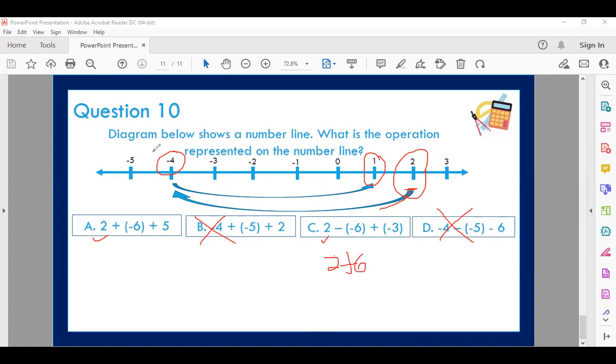Obviously -4 is not the same as 8. However, 2 plus -6 means 2 minus 6. 2 minus 6, yes, it will land you at -4. From -4, you plus 5. That's what this arrow is showing. And you will reach 1. So your answer option is A.